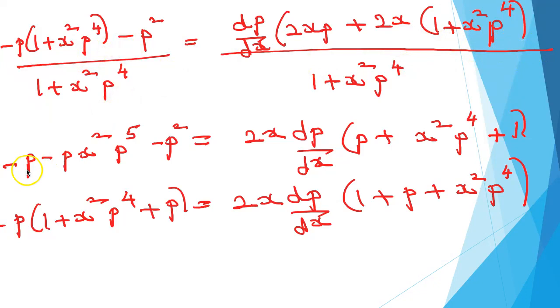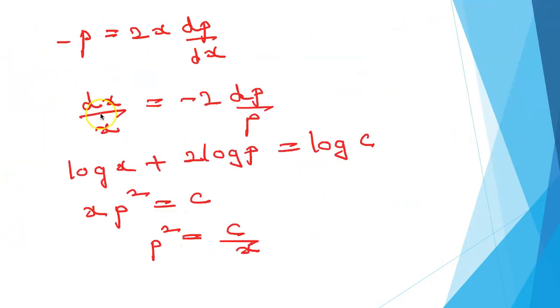Opening the bracket, we get minus p − x²p⁵ − p² equal to 2x dp/dx into, we take out 2x, so p + x²p⁴ + 1. So if we take out minus p here, what do you get? 1 + x²p⁴ + p. And here also we get 1 + x²p⁴ + p. So we cancel both and we get minus p equal to 2x dp/dx.